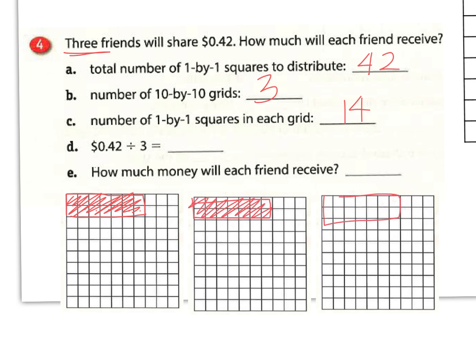All right, so if we have 14 in each 10 by 10 grid, we know that 42 cents divided by 3 is 14 cents, because each of these is 14 out of 100. So how much money will they each receive? They will each receive 14 cents.